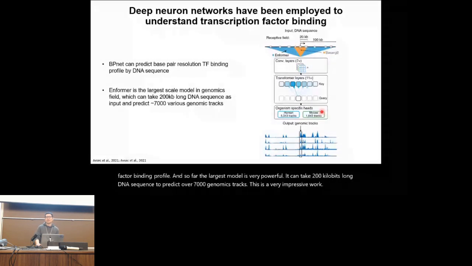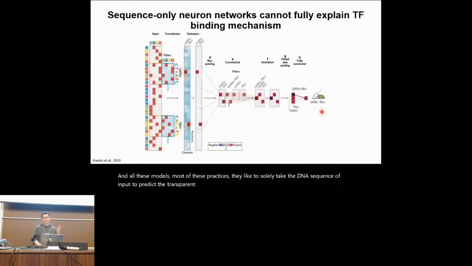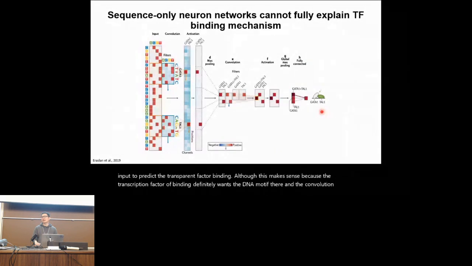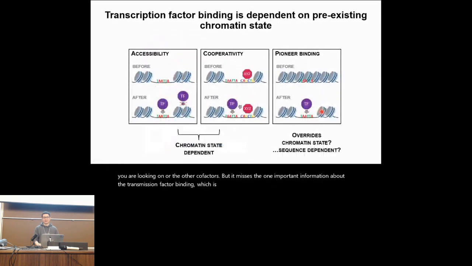Most of these models solely take the DNA sequence as input to predict transcription factor binding. This makes sense because transcription factor binding definitely needs the DNA motif, and the convolution layer design is very suitable to scan all kinds of DNA sequence motifs and give you the information on the motifs of the transcription factor you are looking at or other cofactors. But it misses one important piece of information about transcription factor binding, which is the pre-existing chromatin information.